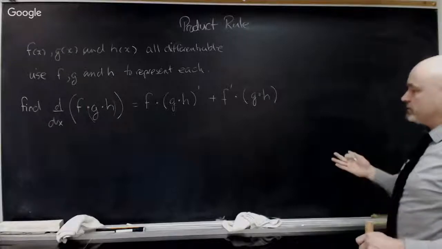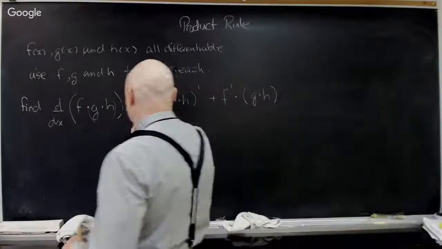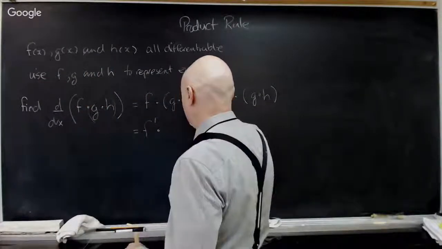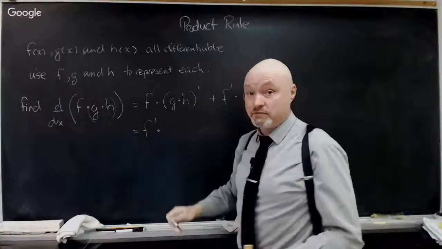Did I really want to do it that way? I didn't, but that's okay. It's not going to come out in the order that I wanted, but we can rearrange it. Now we need to do the derivative of g times h.